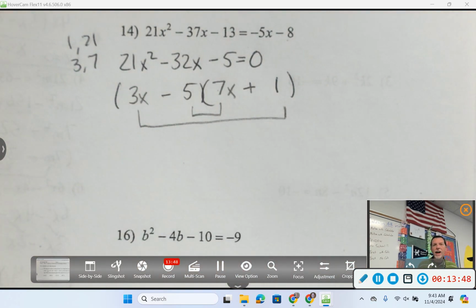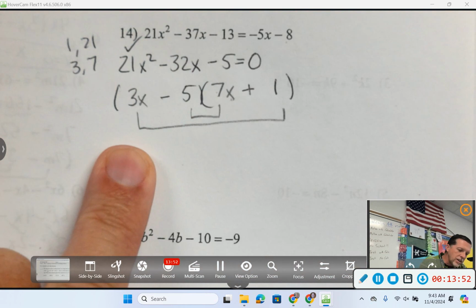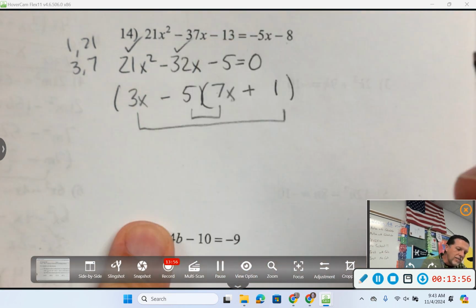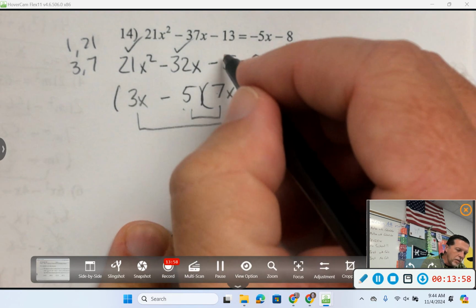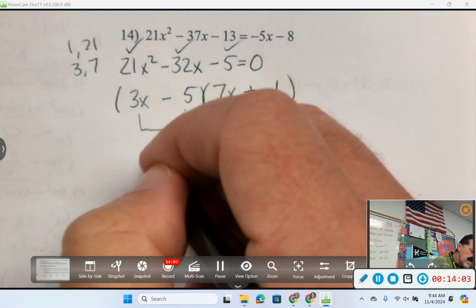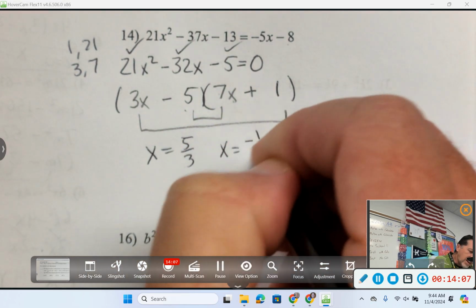Again, FOIL it out to make sure that that's factored right. 3x times 7x, 21x squared. 3x minus 35x is negative 32x. And negative 5 times 1 is negative 5. So x equals 5/3. x equals negative 1/7.